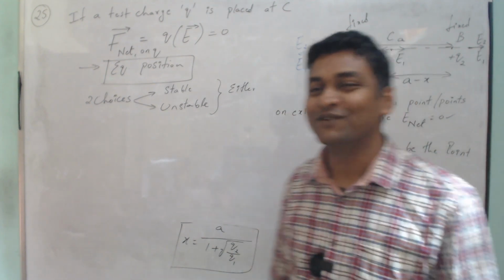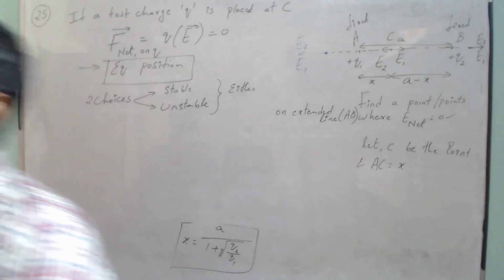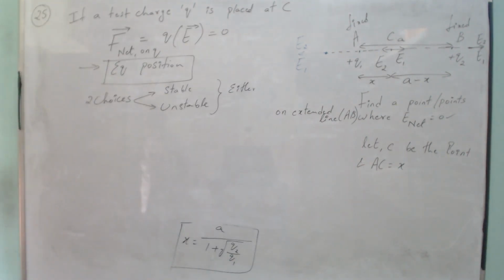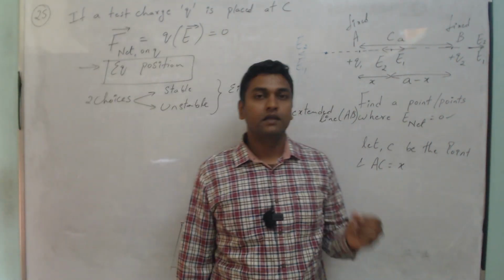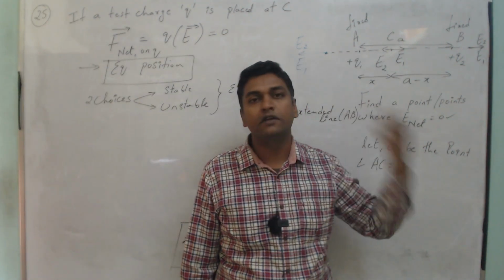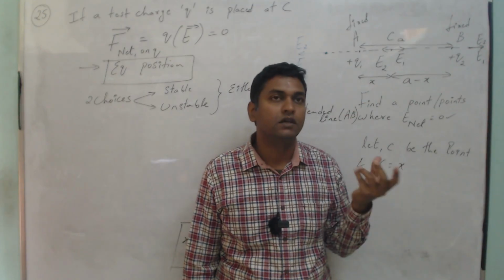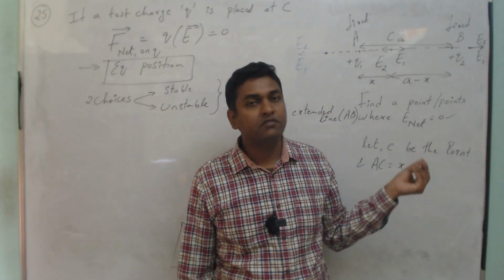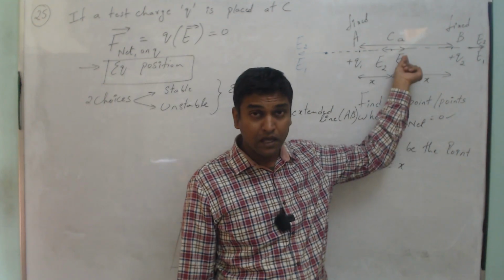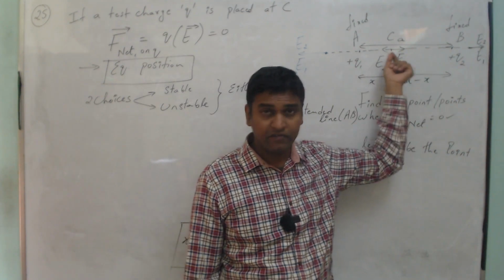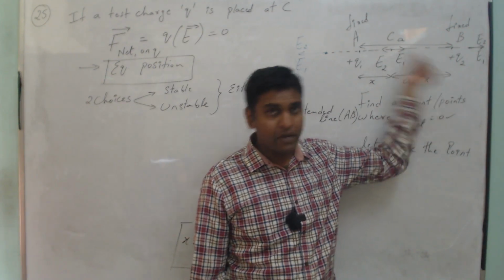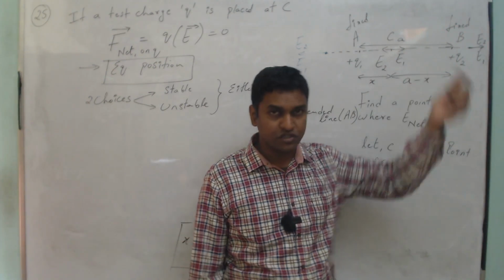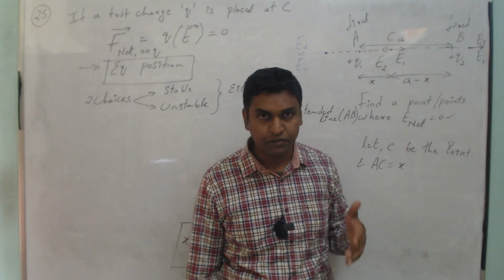If it is a stable equilibrium or unstable equilibrium, how we figure it out is by creating a movie in our head. So, what is this movie? If it's a stable equilibrium, that means along the line AB, if I move the charge, it should try to come back to its original position. Then we will call it stable equilibrium.